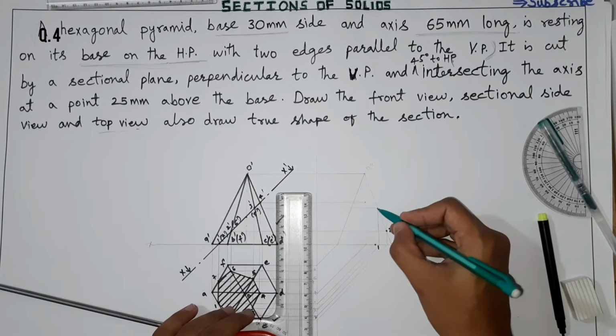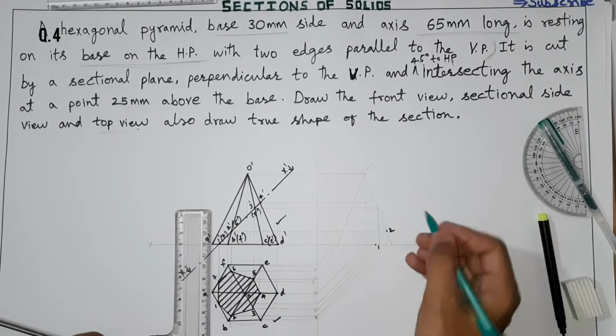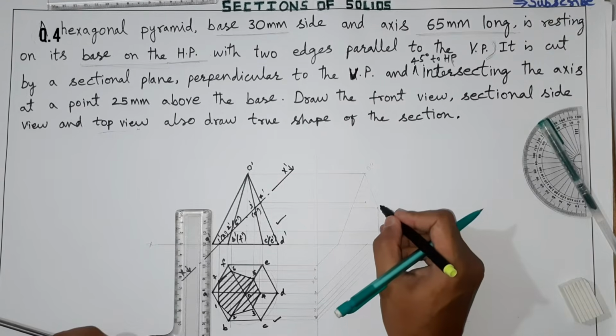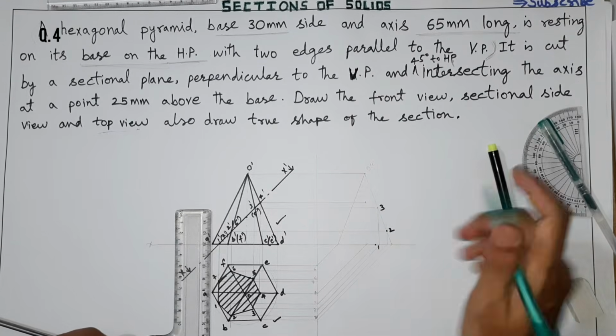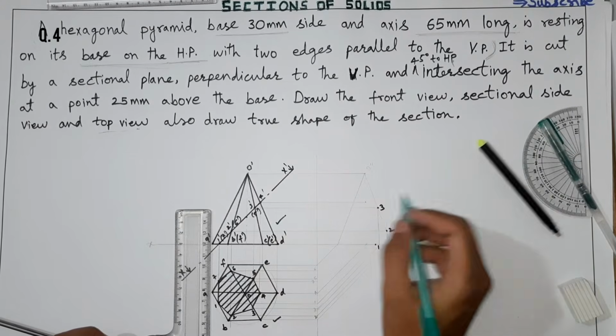So it is matching exactly. Either you shift all these points here, or you take points from here, it doesn't matter, the result you will get is the same. This is point 3. Next, point number 4 is here.